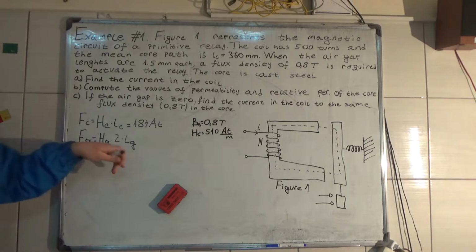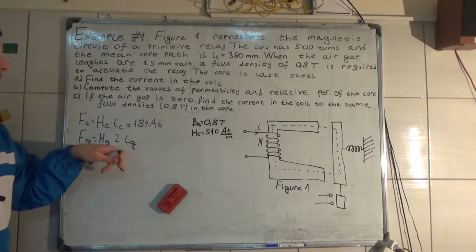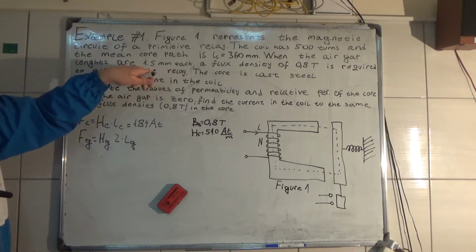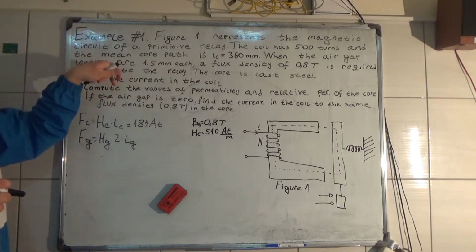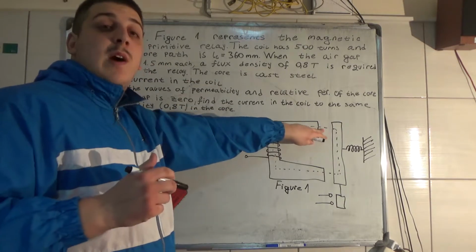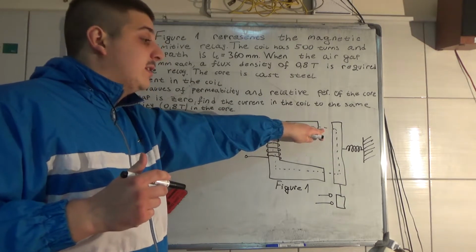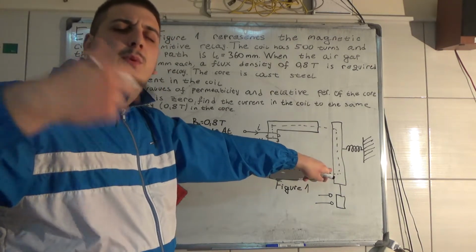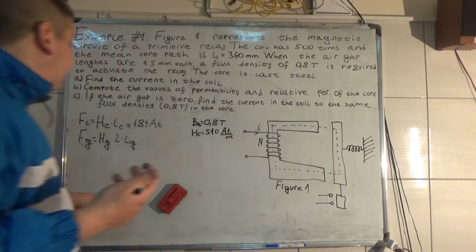Why 2 times the length of the air gap? Because it says that the air gap lengths are 1.5 millimeters each. So we have here 1.5 millimeters and here, so that is 2 times 1.5 millimeters.